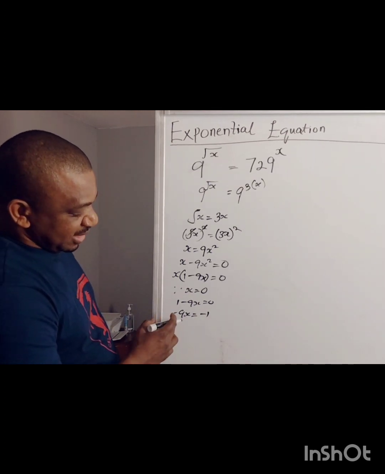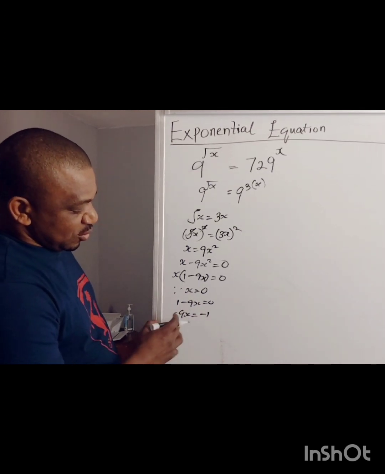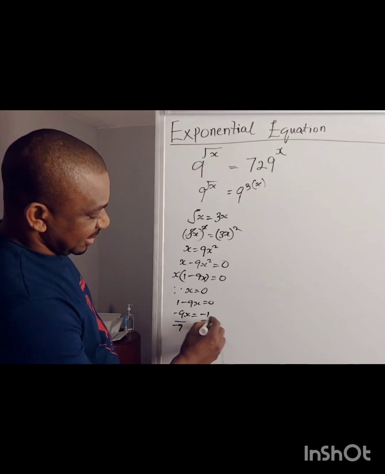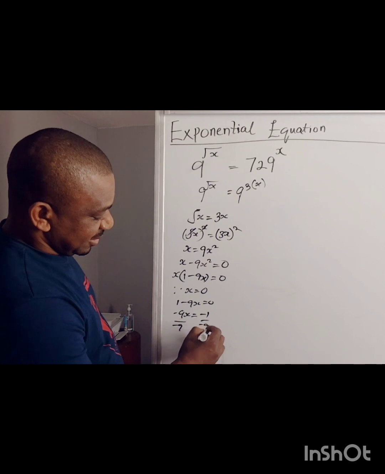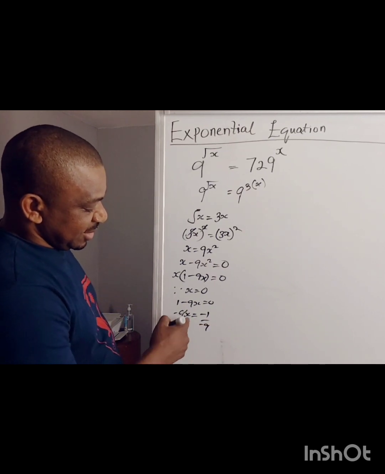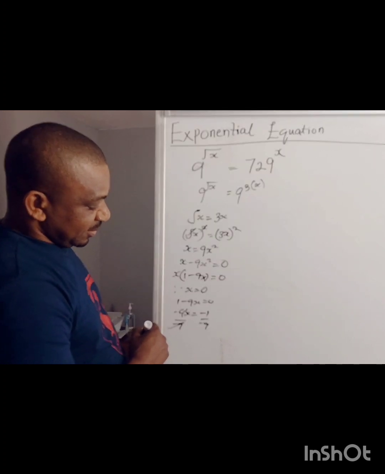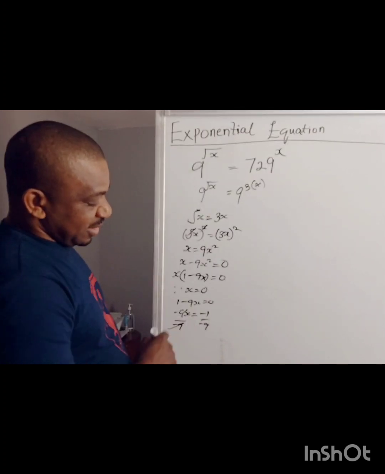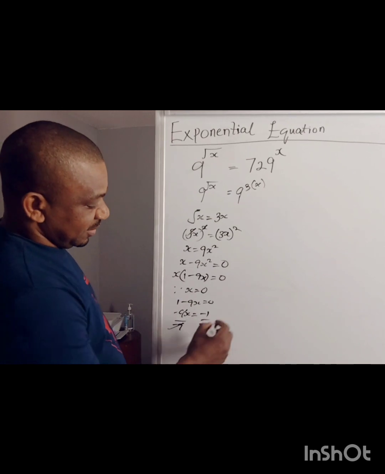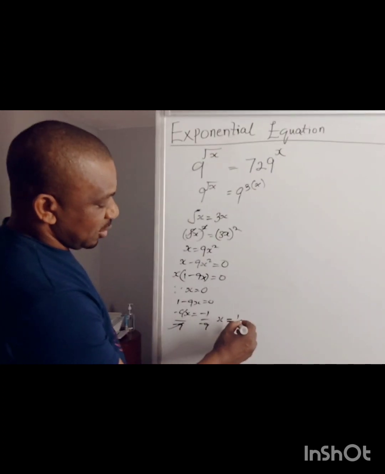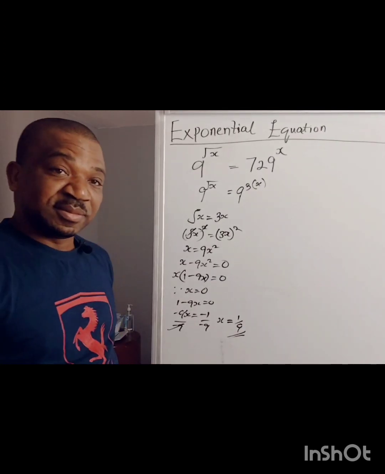So we divide both sides of this equation by minus 9. So this cancels this, and we have succeeded in isolating x here. Minus 1 divided by minus 9 is positive, so x is equals to 1 over 9.